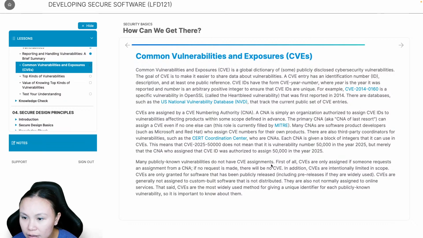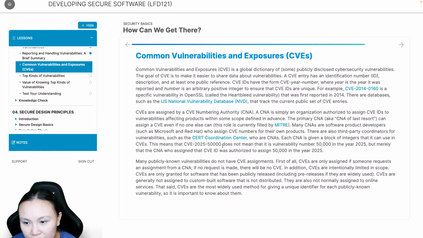Each CNA is given a block of integers that can be used in CVEs, which means that CVE-2025-50000 does not mean it's vulnerability number 50,000 in the year 2025, but merely that the CNA who was assigned that CVE ID was authorized. So all these IDs at the end are not canonical.